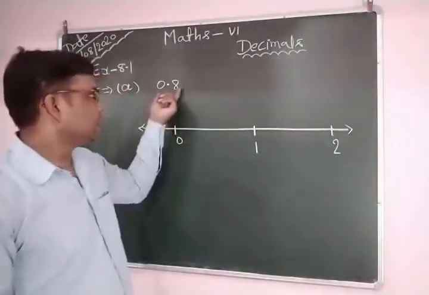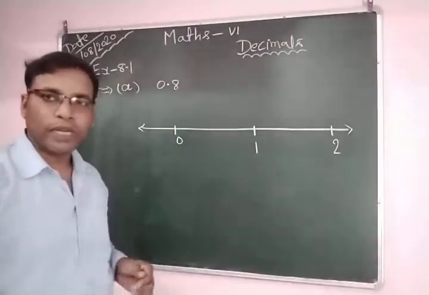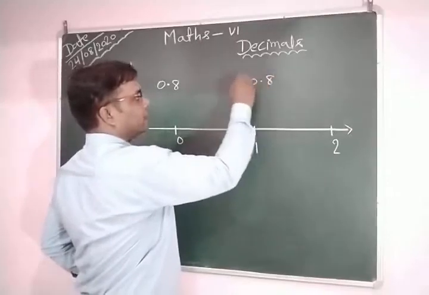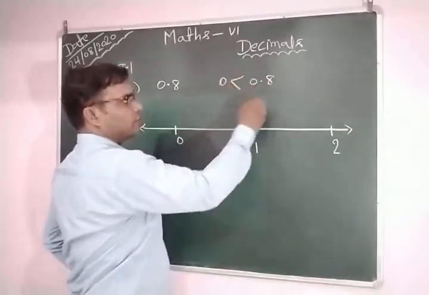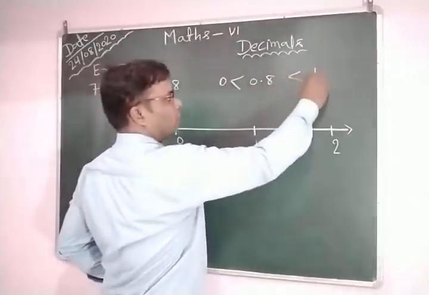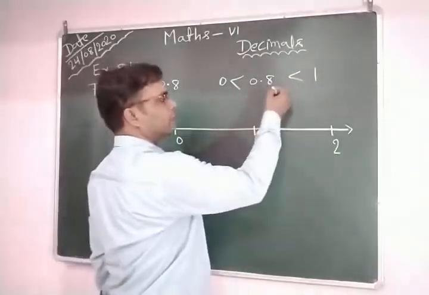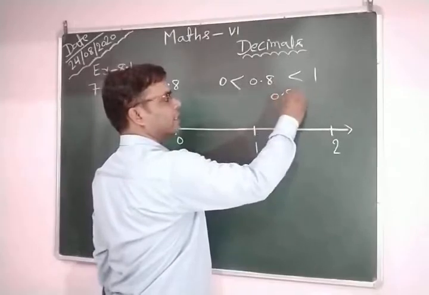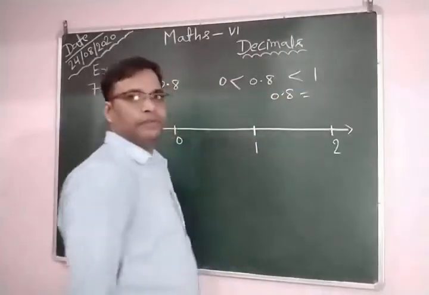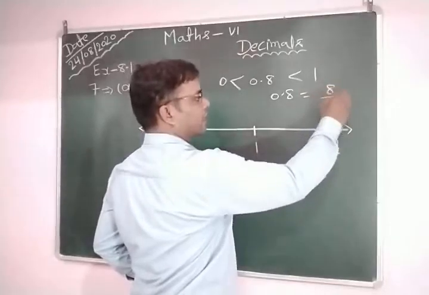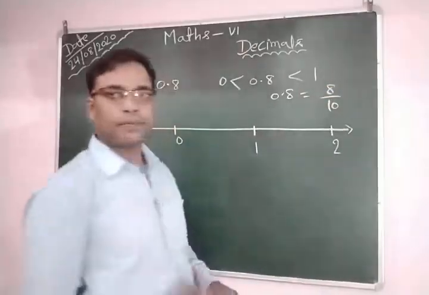Here you can see 0.8 is greater than 0 but less than 1. Because if you convert this number 0.8 into fractions, it becomes 8 by 10. 8 by 10 is a proper fraction.